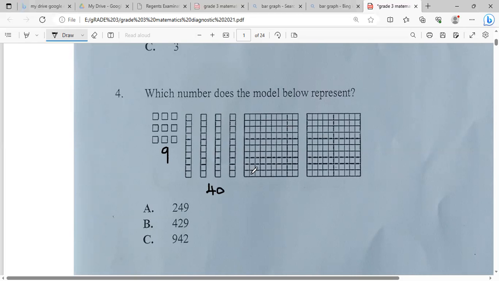And of course, this is a 10 by 10, so that's 100, and it's 2 of them, so it's 200. So when I put it all together, it will be 249.